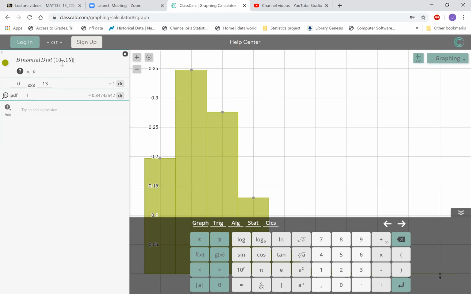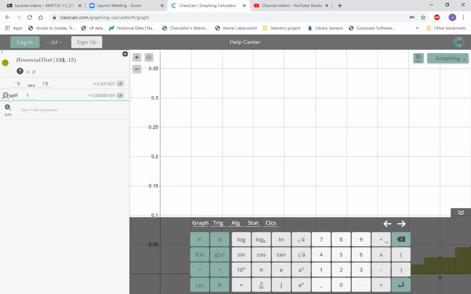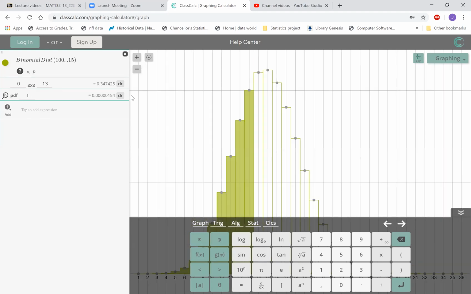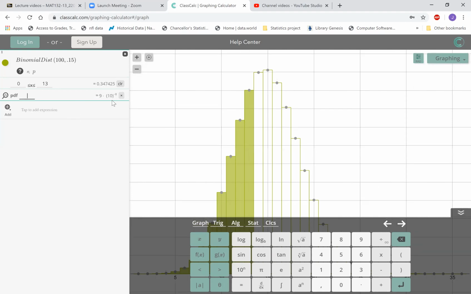Forgot to change this to 100. All right, so if you look at it, once you change it from 0 to 13, you get this answer of 0.3474. And that's your answer for 40.